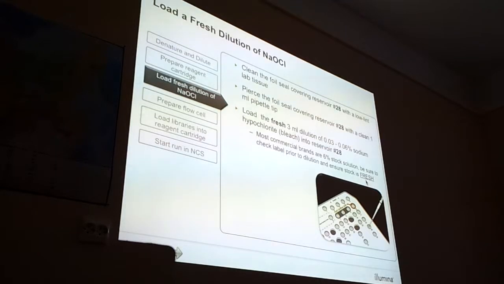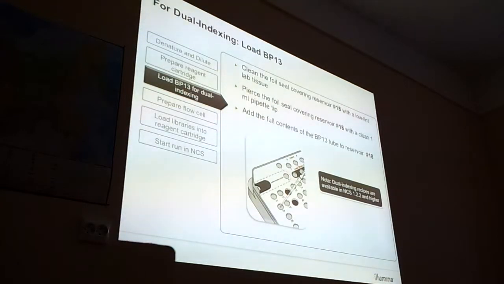Also, it says in the manual, please always dilute fresh, just before using it, this sodium hypochlorite, because in a few hours it is deactivated. And the same goes for adding the primers, position 18, it is BP13.